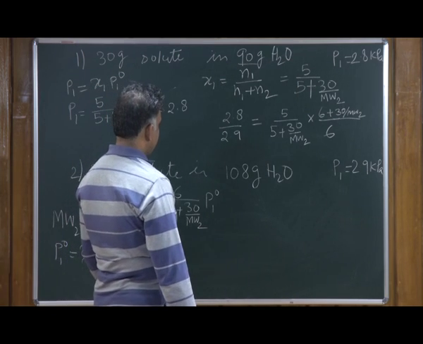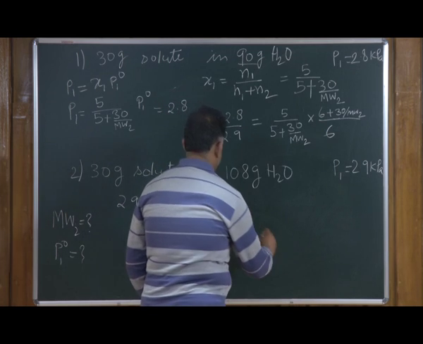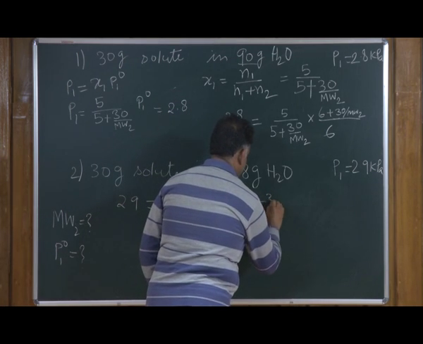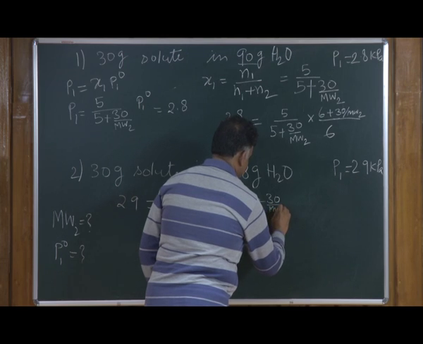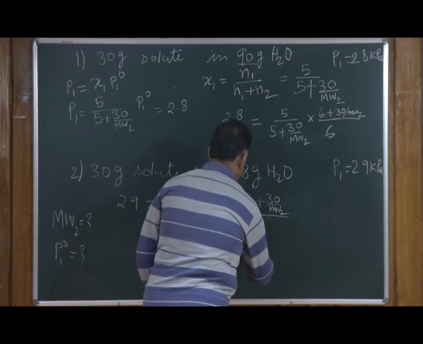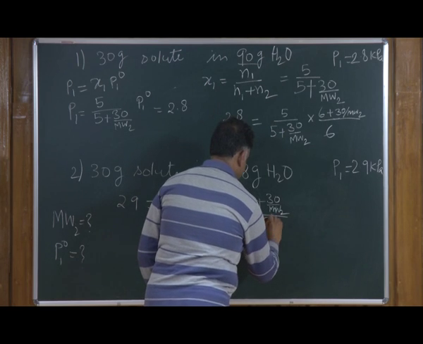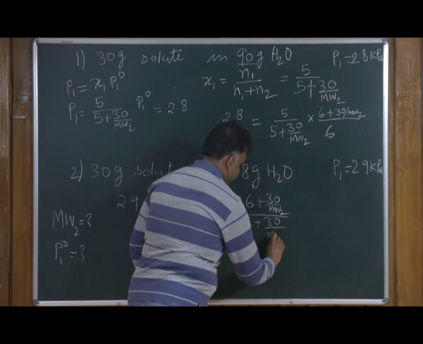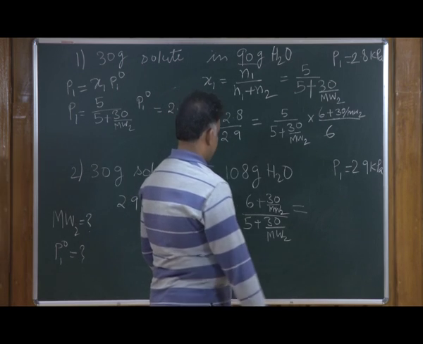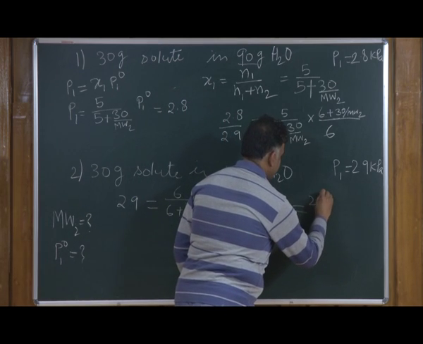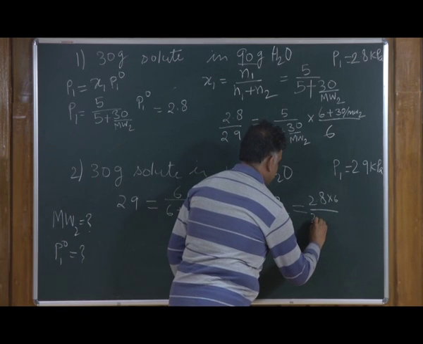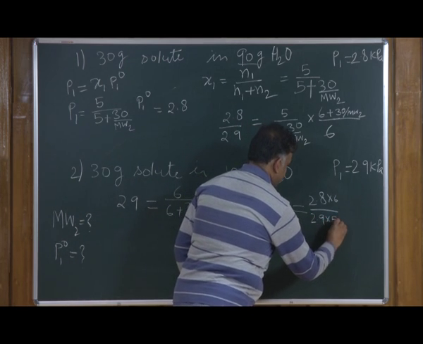Okay. So, we can set it up easily: 6 plus 30 by M, the molecular weight of solute, divided by 5 plus 30 divided by molecular weight of solute, is equal to 2.8 into 6 divided by 2.9 multiplied by 5.